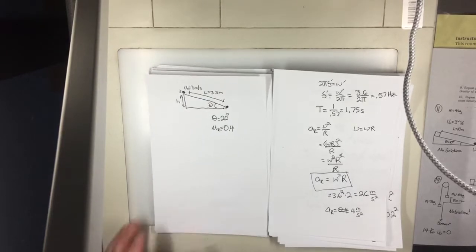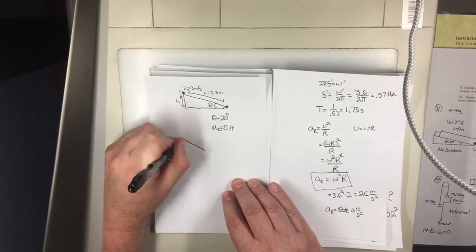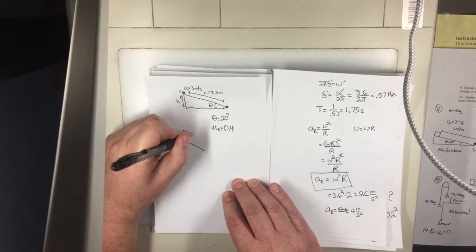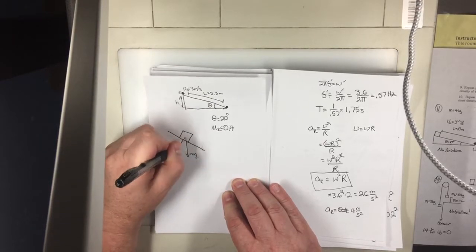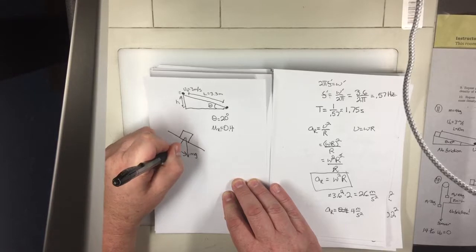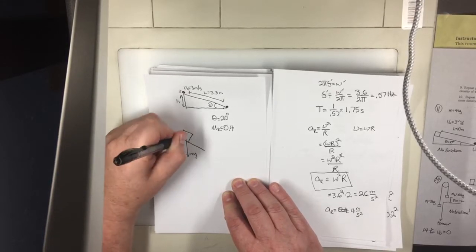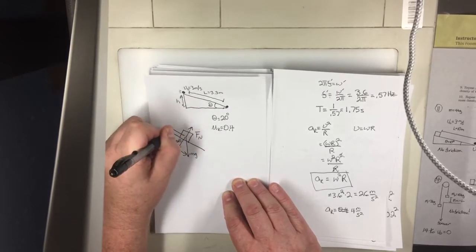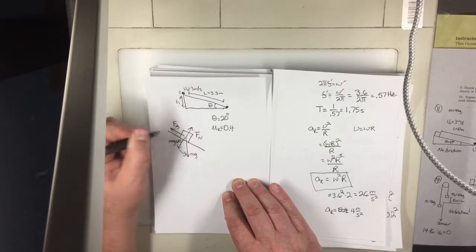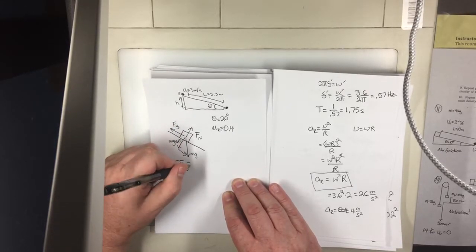Now for this, we do have friction, boo friction. So we do have to find the friction force. That's the normal force, that's the friction force. The sum of the forces in y is equal to 0.